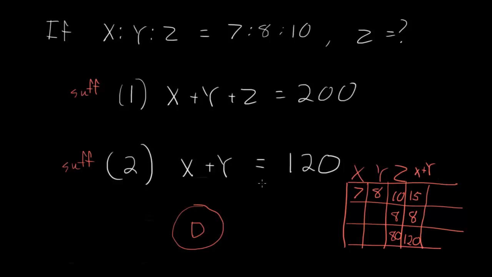Although once again, the way I think the chart is most useful is just for that visual way of knowing, of intuiting what kinds of information would be sufficient. And again, if we have a full ratio, and then we get some kind of sum or difference or total, we will be able to solve for everything.